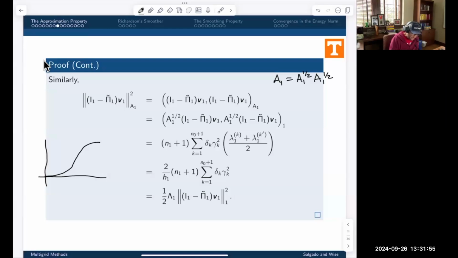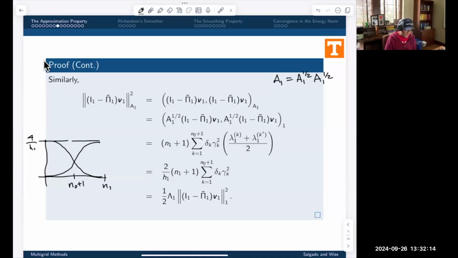And lambda 1k prime, if I plot that, it's the mirror image. And they're exactly the same here in the middle, n0 plus 1. Well, the upper limit for these is 4 over h1.